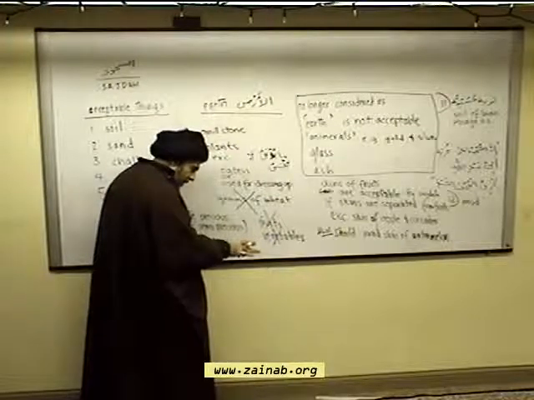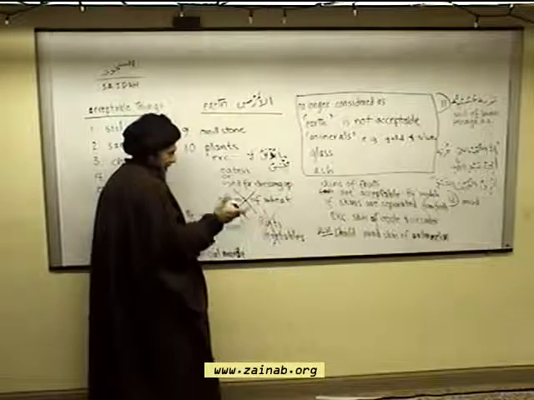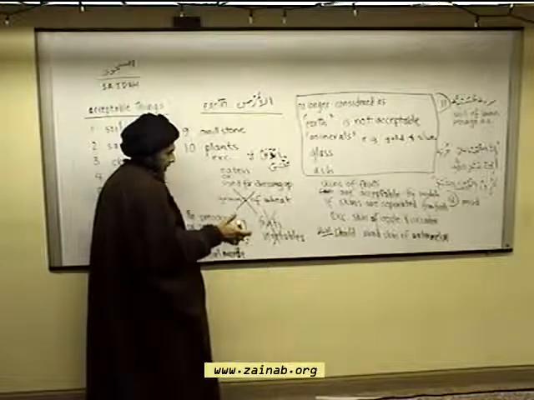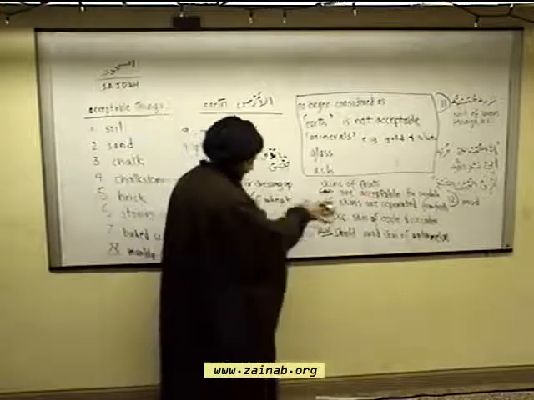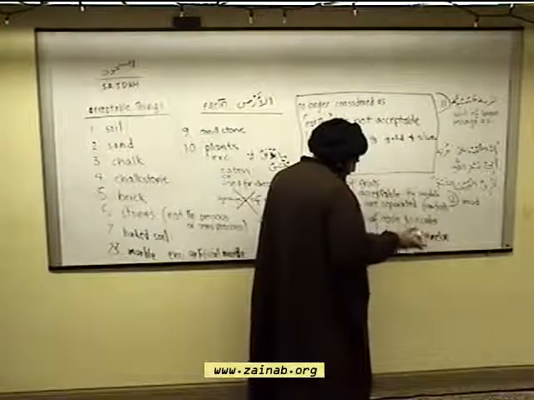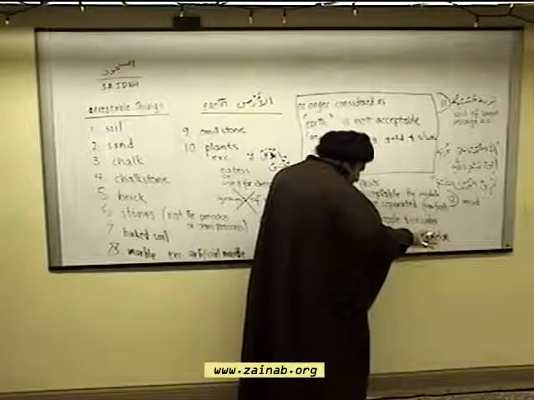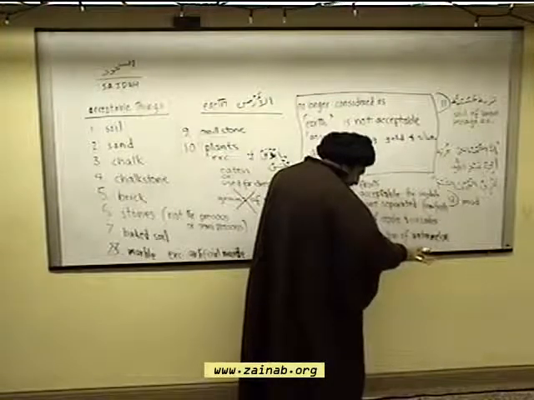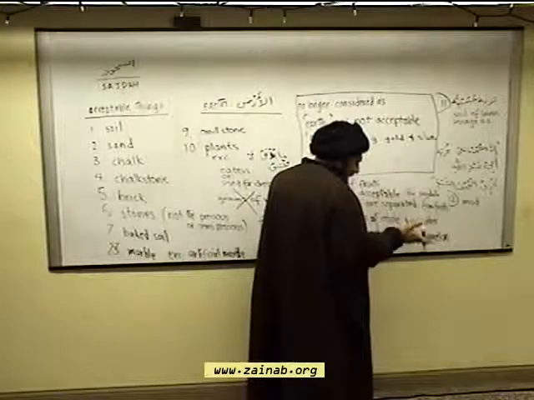If it keeps on moving and it's shaky, then you cannot do sajda on a shaky place. We already studied that your head and all the 7 parts of the whole body have to be stable and stationary and not moving. So if you put it over mud and it doesn't settle down, then you cannot do sajda. But if you put your head over mud and you press it a bit and it settles down, then it's okay.